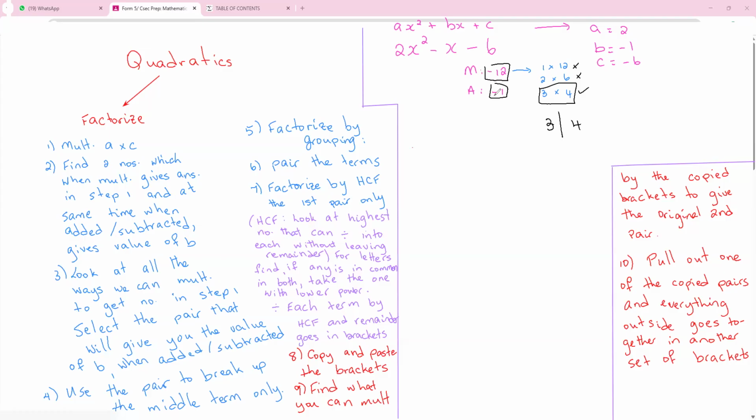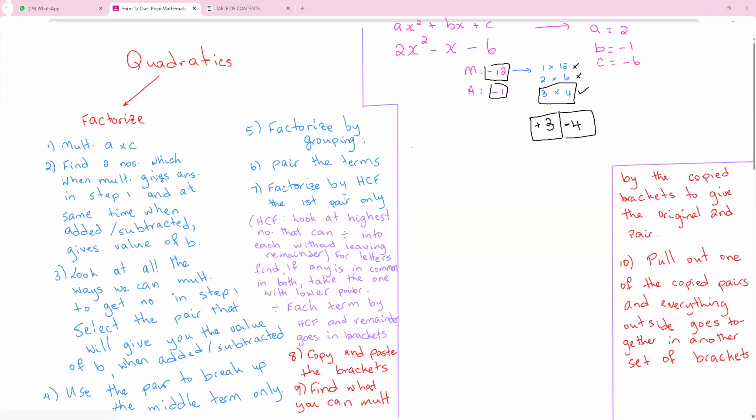And because we'll be subtracting and b was negative, it meant that the bigger number had to be negative. So the two numbers would have been positive 3 and negative 4, because 4 threes are 12, and because they're two different signs, it would be negative 12. And then 4 minus 3, remember when you have two different signs, we subtract and keep the sign of the bigger number. So 4 minus 3 is 1, and because the 4 is bigger, we'll keep it negative.